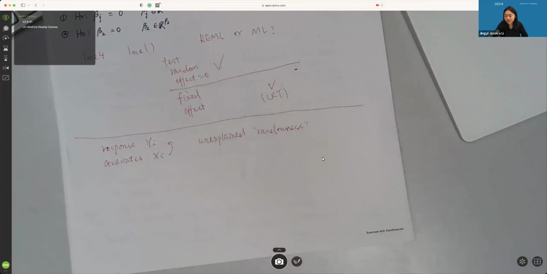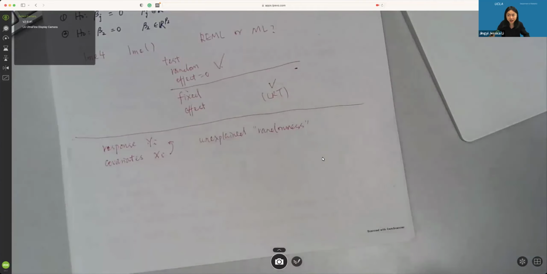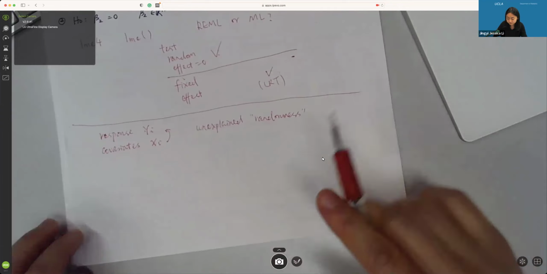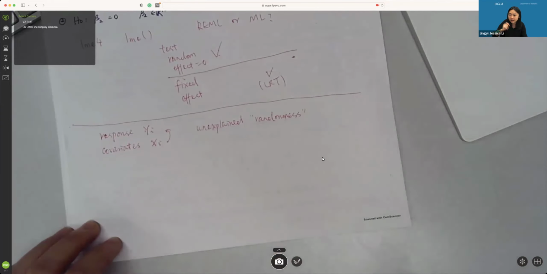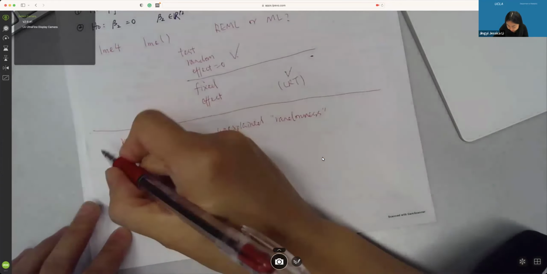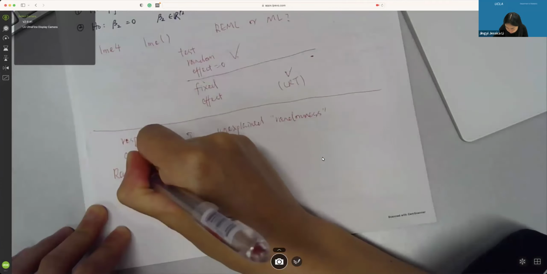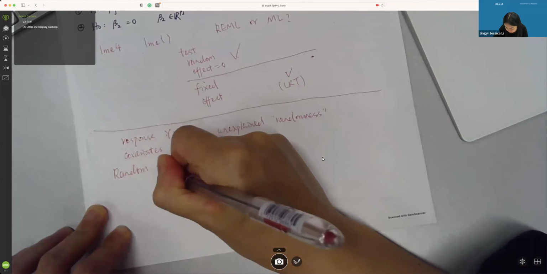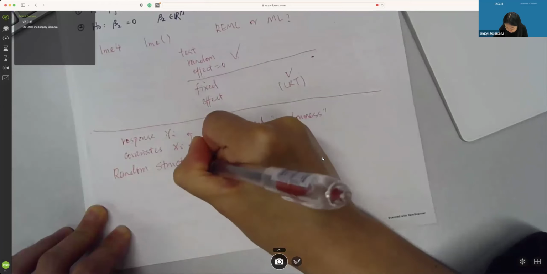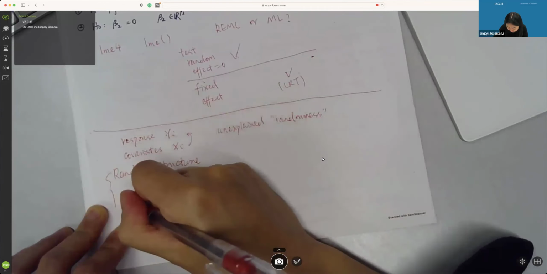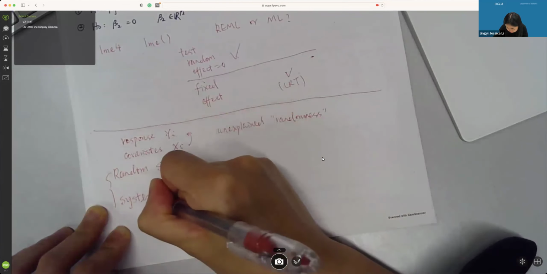That is the fundamental part in statistical modeling. Okay, we use randomness to describe the things we cannot fully predict, basically. Okay, so then, because of this, the core of this class is that we have the model written as a random structure, which we said again and again, and the systematic structure.